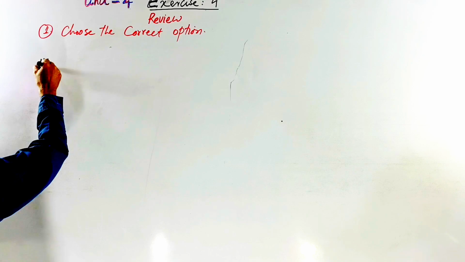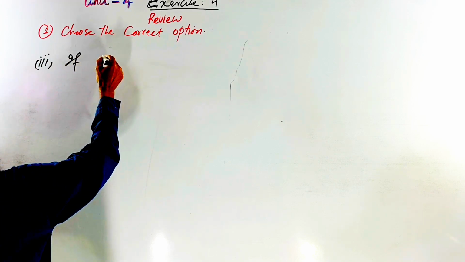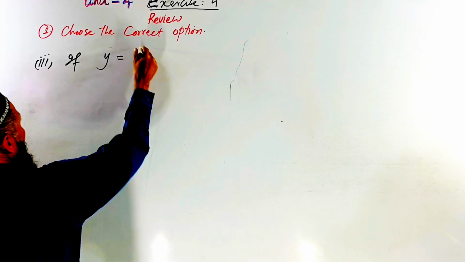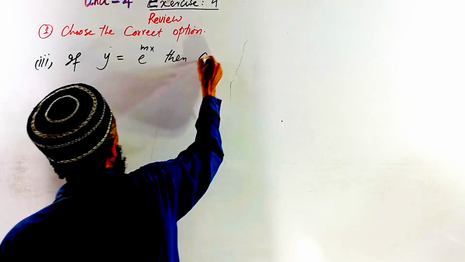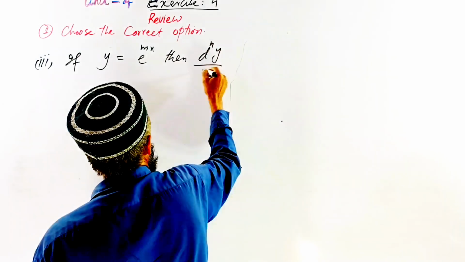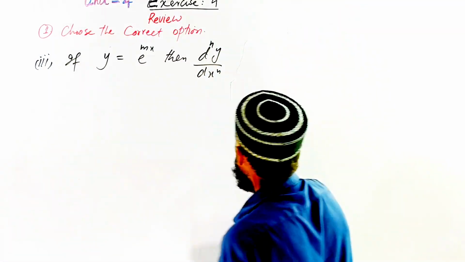Question: if y is equal to e power mx, then d power n y by dx power n, the nth derivative, what is the result?